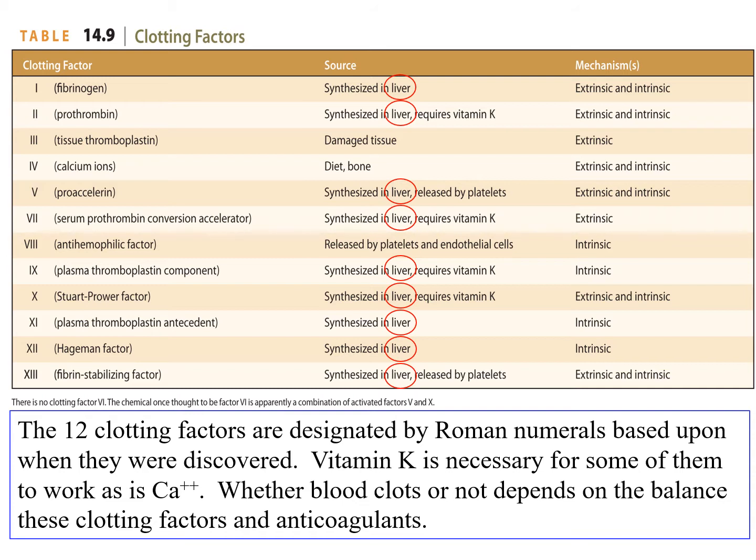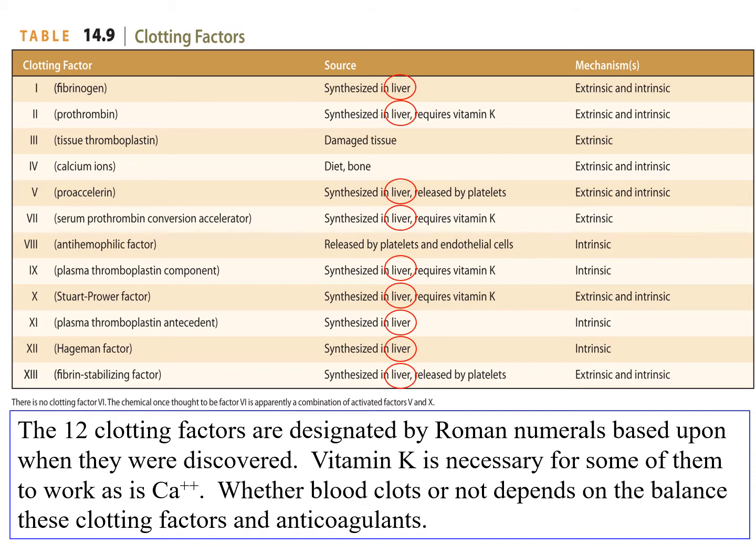So your liver plays a really important role, not only in recycling red blood cells like we learned about earlier in the chapter, but also is a source for 80% of the clotting factors responsible for both extrinsic and intrinsic clotting. And that third column, of course, tells you, for example, clotting factor number 1, fibrinogen, which you might remember is one of the plasma proteins.